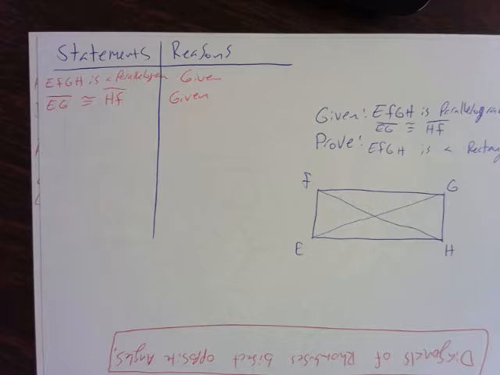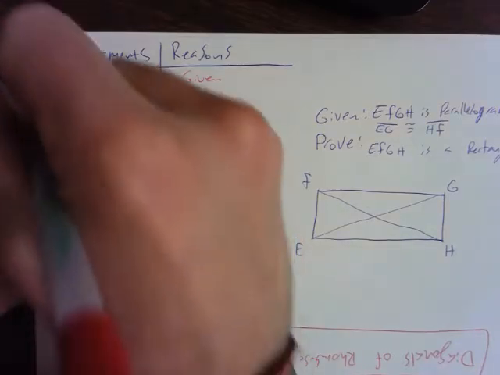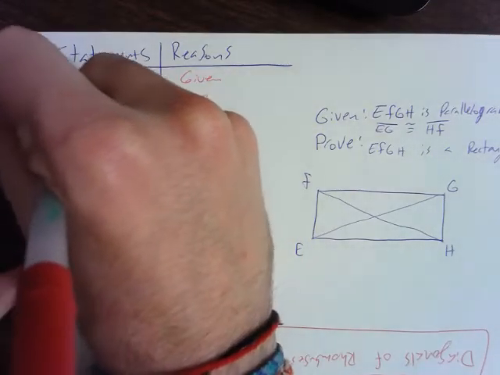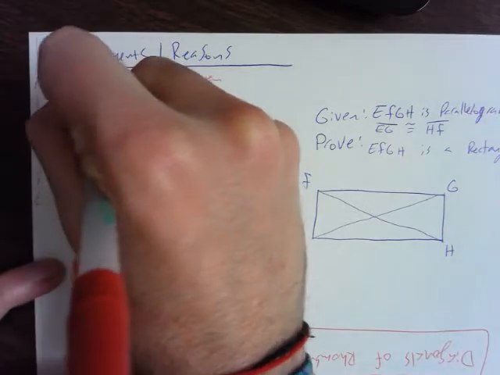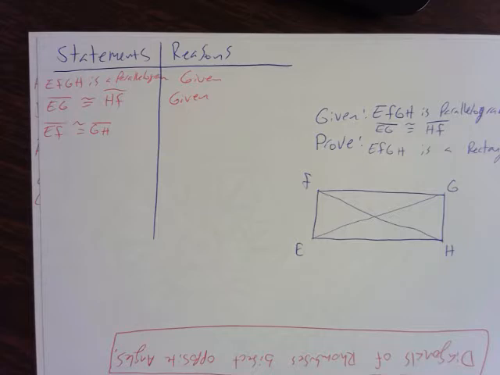So my first thing that I'm going to come up with here is that line segment EF is congruent to line segment GH. So I have EF is congruent to GH. And if we remember, one of our very first statements that we proved throughout these videos is that if a quadrilateral is a parallelogram, then the opposite sides are congruent.